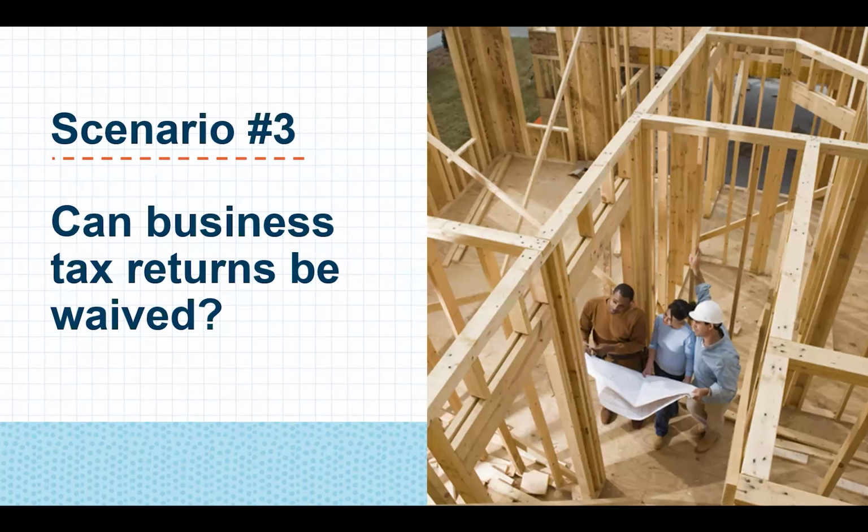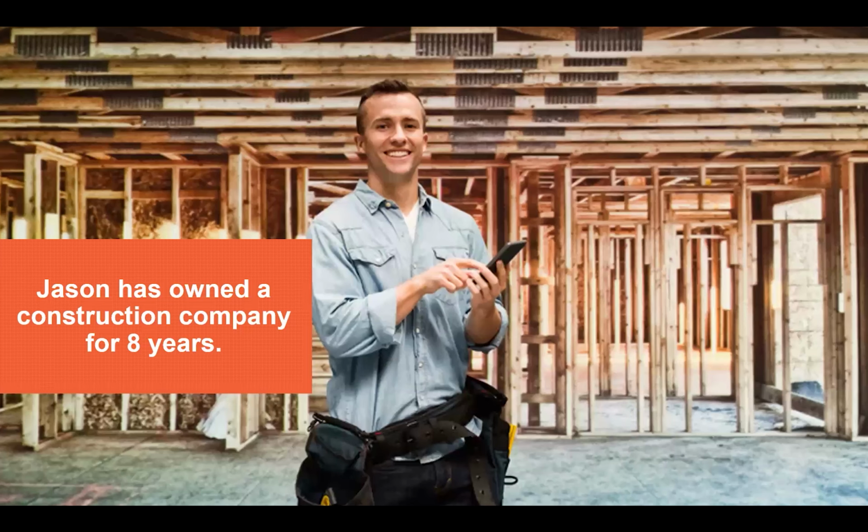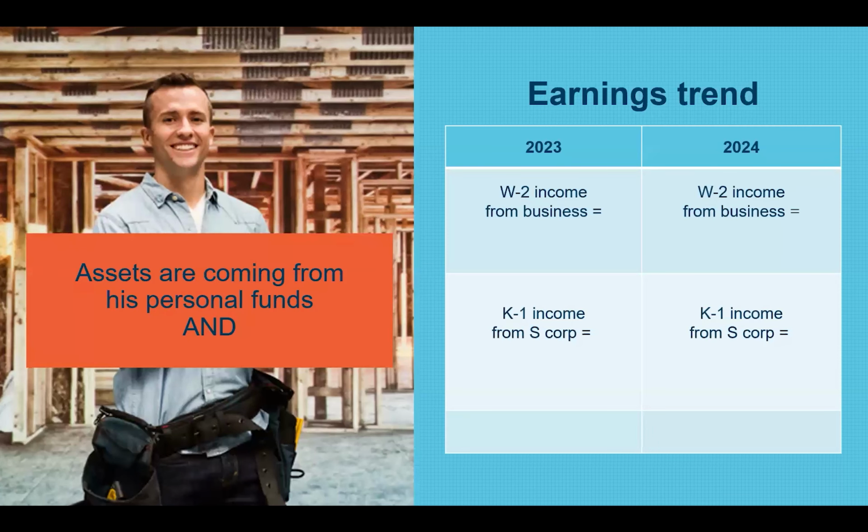Scenario number 3 involves a file where the loan officer is trying to determine if the business tax returns can be waived. Jason has owned a construction company for the past 8 years. He will be using assets from his personal funds, and his earning history for the last 2 years is as follows. In 2023, Jason received W-2 wages from the S Corporation in the amount of $60,000.